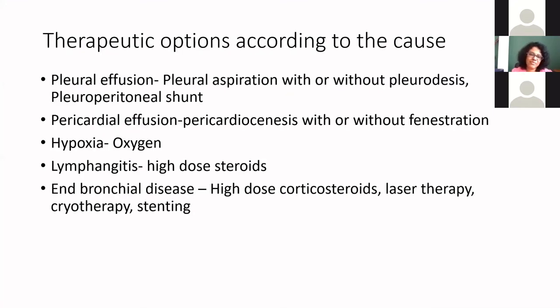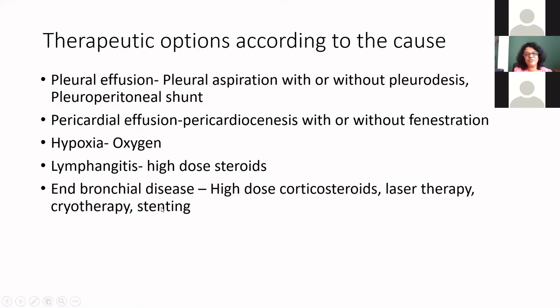And as I said before, we have to always think about the cause. If it is a pleural effusion, aspiration; if the breathlessness is due to pericardial effusion, pericardiocentesis. If breathlessness is due to hypoxia, oxygen. If it is due to lymphangitis, we have to give high dose steroids.